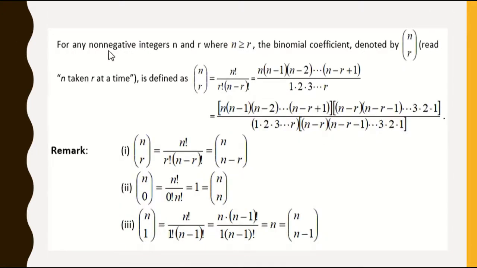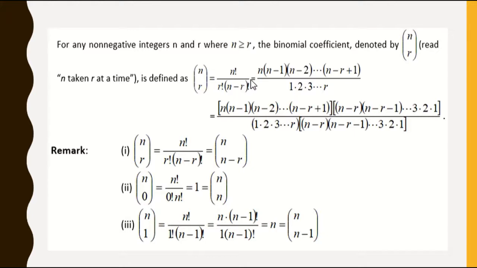For any non-negative integers n and r, where n is greater than or equal to r, the binomial coefficient denoted by n taken r at a time, read as n taken r at a time, is defined as n taken r at a time is equal to n factorial over r factorial times n minus r factorial.